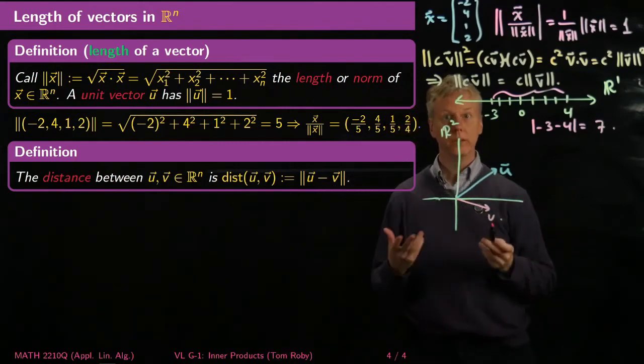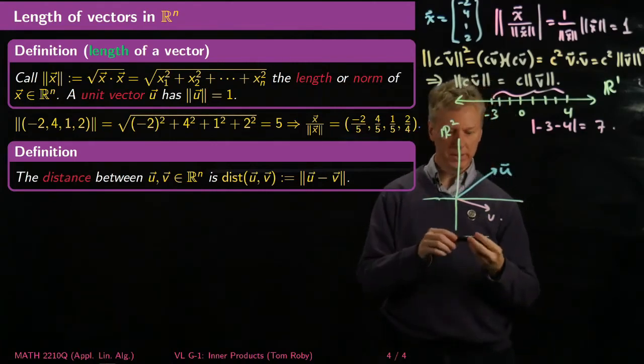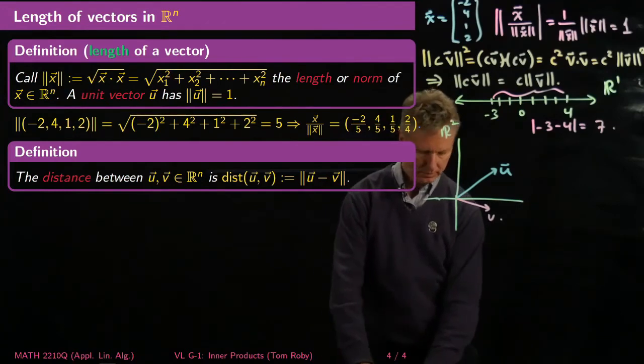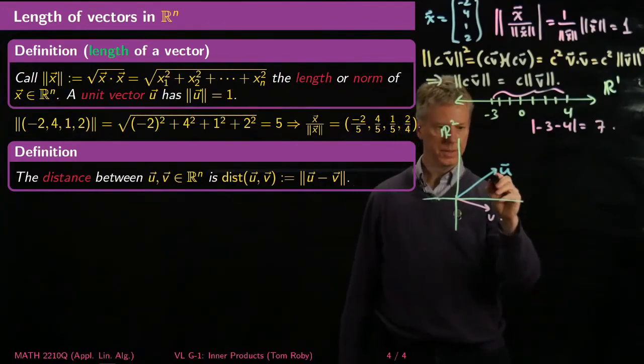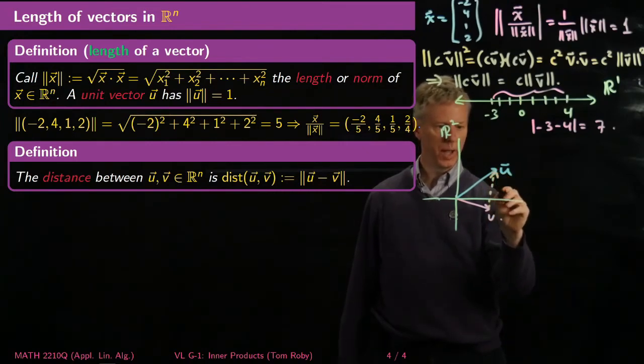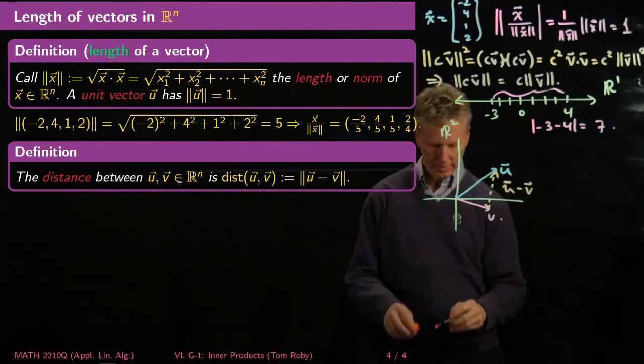And what is u minus v? Well, there's two different ways to think about it. You can just think that u minus v should be the vector that does this. So if it's u minus v, then it should be going this way, right? So u minus v is that vector.